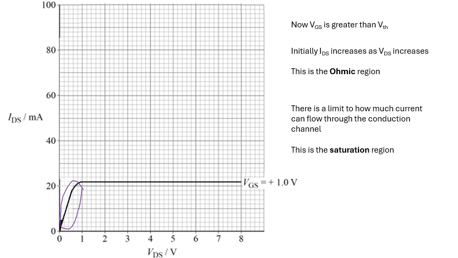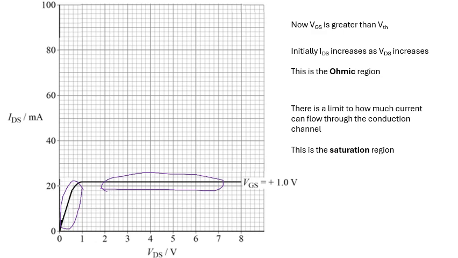That's called the ohmic region because the graph is a straight line going up. There's a limit to how much current can flow because the conduction channel is only so big. There's only a certain amount of current that can flow through it. So at a certain point it becomes saturated, and this is our saturation region here.